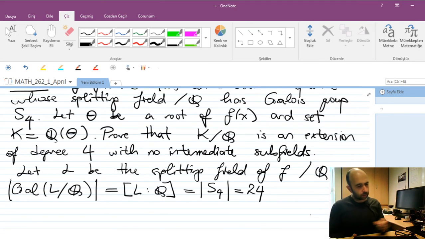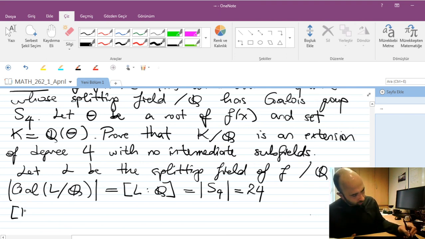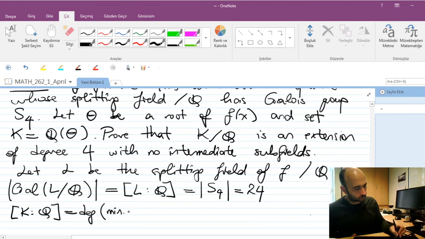Now, the degree of K over Q is 4 because of an easy fact. This is the degree of the minimal polynomial of theta, but that is f because f is irreducible to start with.